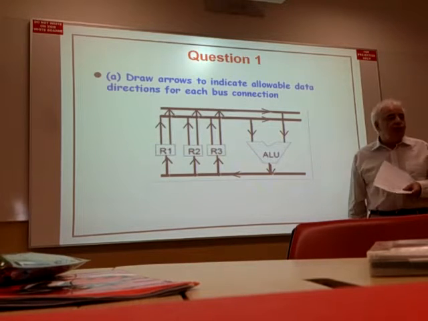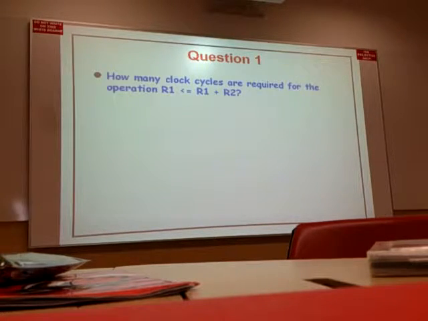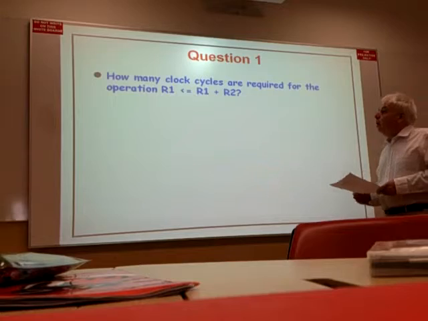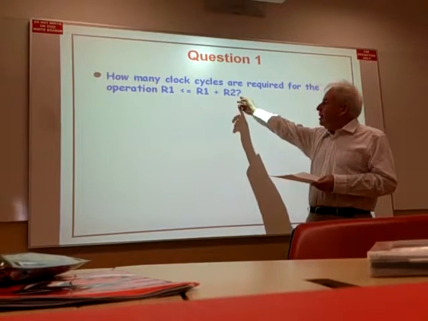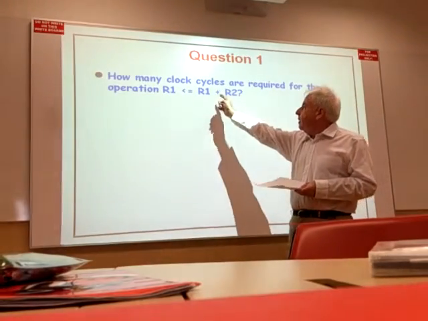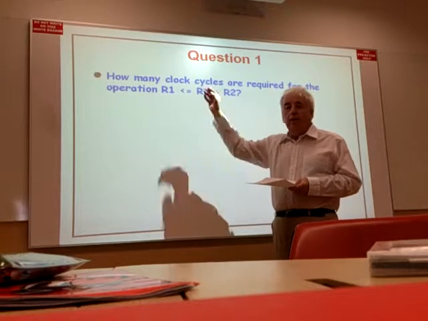The next part of the question asks us how many clock cycles certain operations will take. The first one: suppose we want to take the contents of register 1, the contents of register 2, add them together and put the value back in register 1.